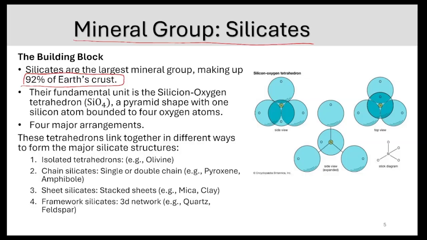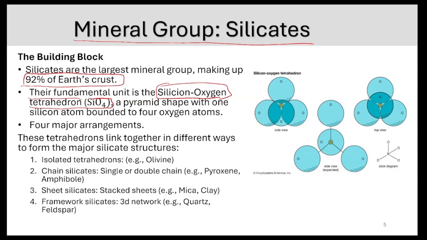Their fundamental building block is the silicon oxygen tetrahedron, SiO4, which is shaped like a pyramid. One silicon atom surrounded by four oxygen atoms, and this tetrahedron can link together in different ways, forming major silicate structures which are different from one another.